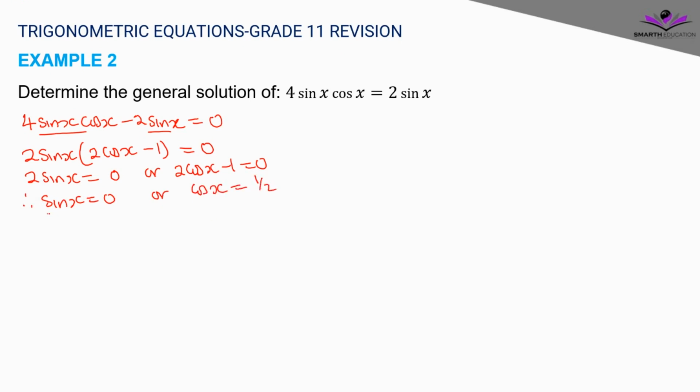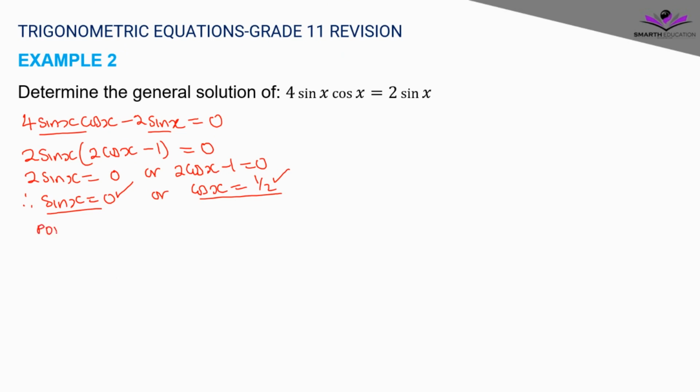So we have to find the general solutions from this and this. We're going to start by using the formula method, and then after that we're going to go to the quadrants method. I find the formula method faster, so we're going to start with it.